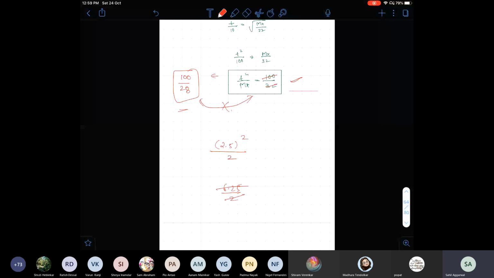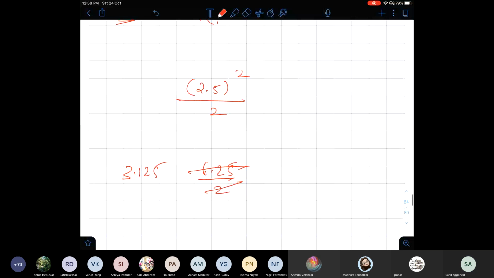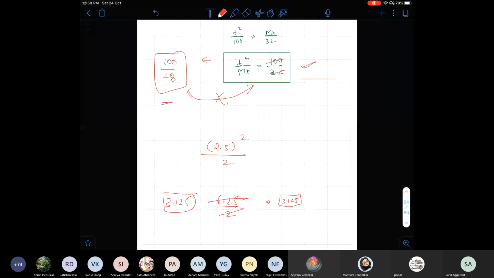This will be 3.125. And 100 by 32 is also 3.125. Okay, thank you, sir. All of you understood? So you do not have to skip such questions. You should know there can be questions where they have to guess which one will be the answer by putting the values.